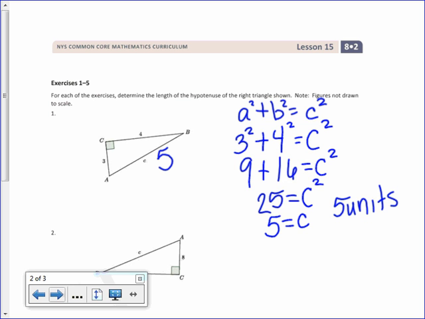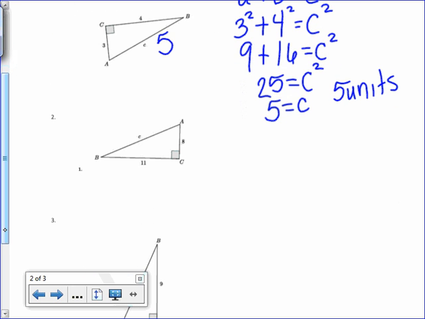Okay, let's move on to example 2. We're going to do again the Pythagorean theorem. So A squared plus B squared equals C squared.